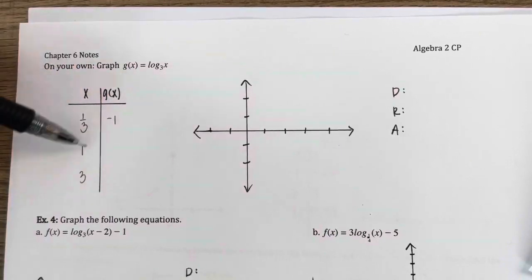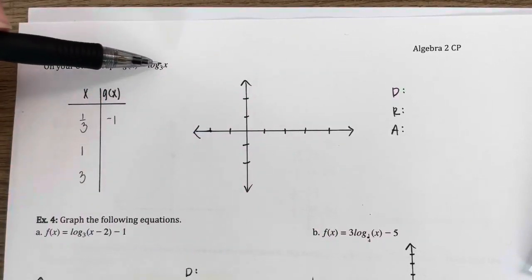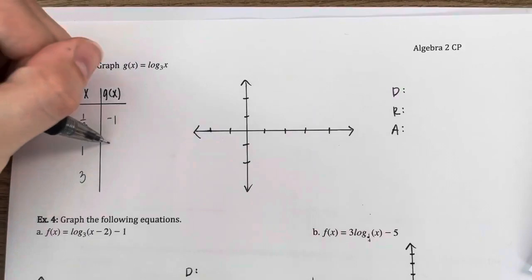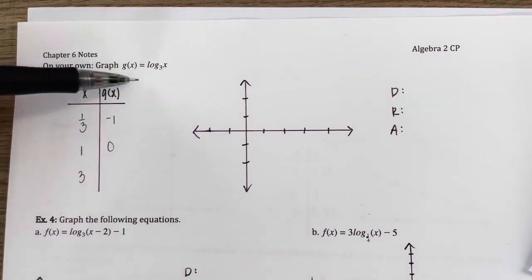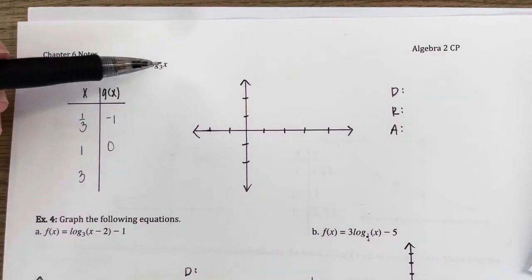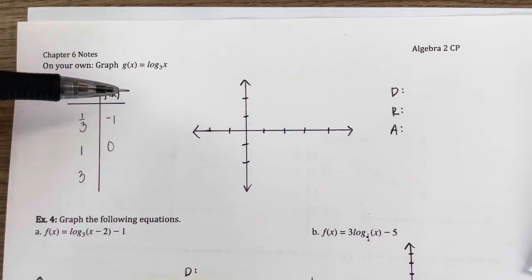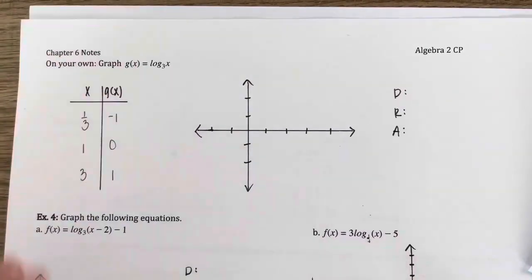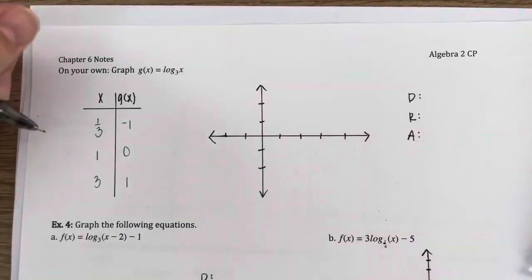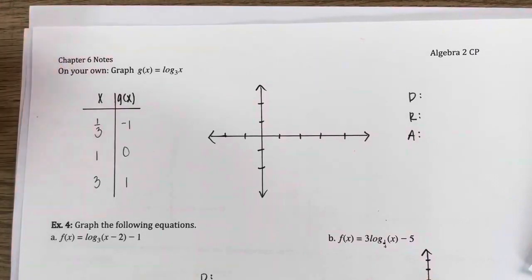And then when x equals 1, log base 3 of 1: 3 to what power equals 1? 3 to the 0 power equals 1. And then when x equals 3, log base 3 of 3: 3 to what power equals 3? Well, 3 to the first power equals 3. So that'll stay consistent whenever you're graphing logs for the parent function.